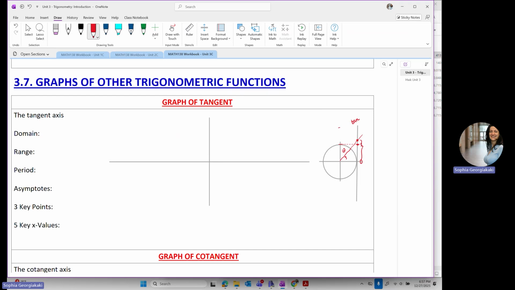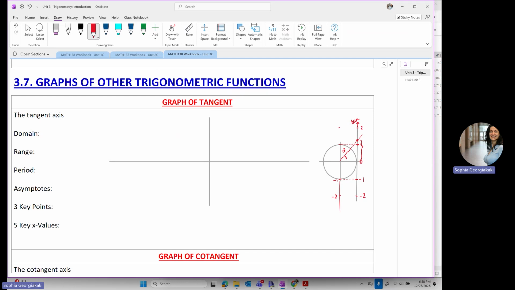Maybe that's a 2 on the vertical axis, that will be the 2 on the tangent axis. And the tangent axis just goes up. This is -1 on the sine axis, this is -1 on the tangent axis. This is -2 on the sine axis. If that thing was going down, this will be -2 on the tangent axis, etc.